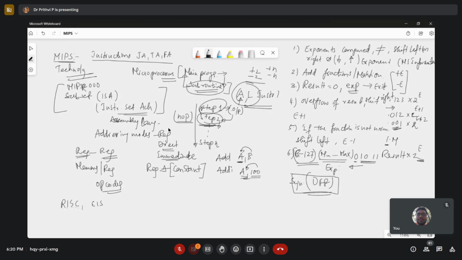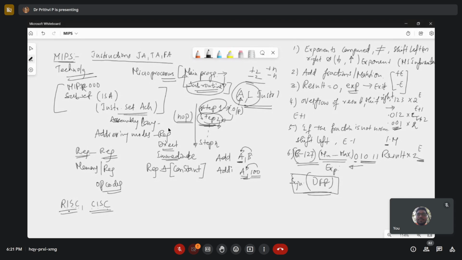CISC is complex instruction set computing. These two are like antonyms, we can say. That means the instruction size is huge here, but this is a little bit compact. RISC instructions are compact when compared to the CISC instructions.